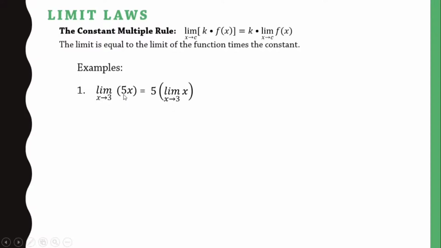Again, we take out 5 and make it our constant multiple, and we multiply it by the limit of x as x approaches 3. The limit of x as x approaches 3 is simply 3 using our identity rule, and 5 times 3 is 15. So the answer to limit of 5x as x approaches 3 is 15.